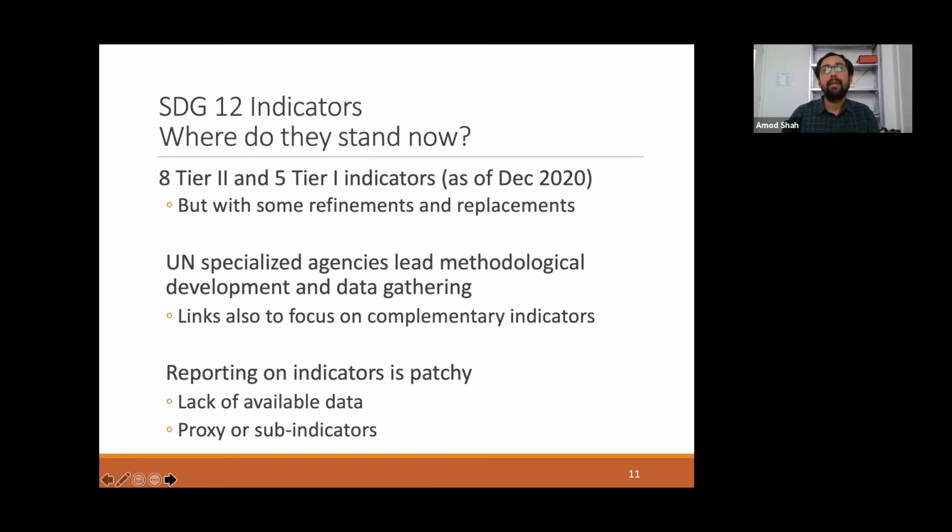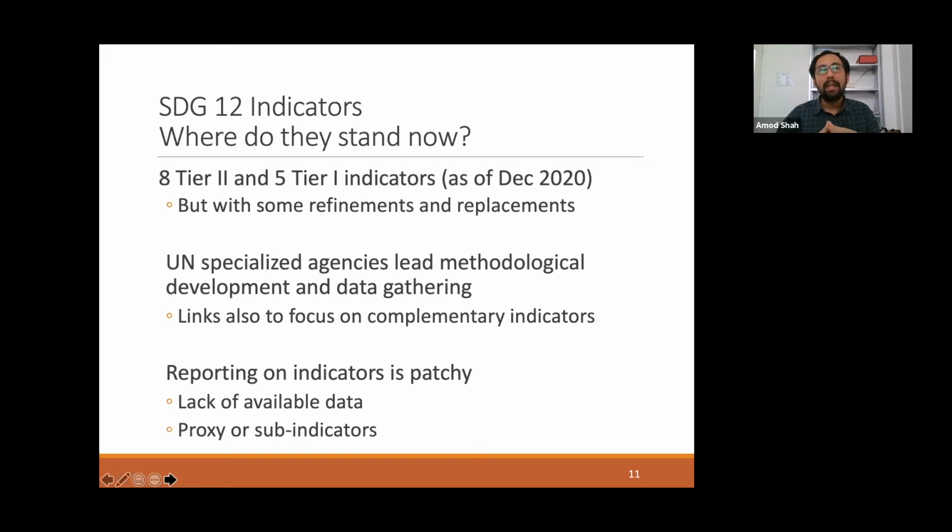The notion of counting sustainable public procurement policies, which was 12.7.1, has now become degree of sustainable public procurement. But what that means is not clear because we don't have the data out yet. So you see this kind of churn, which is to be expected with an indicator framework like this, but also a lot of lack of clarity.